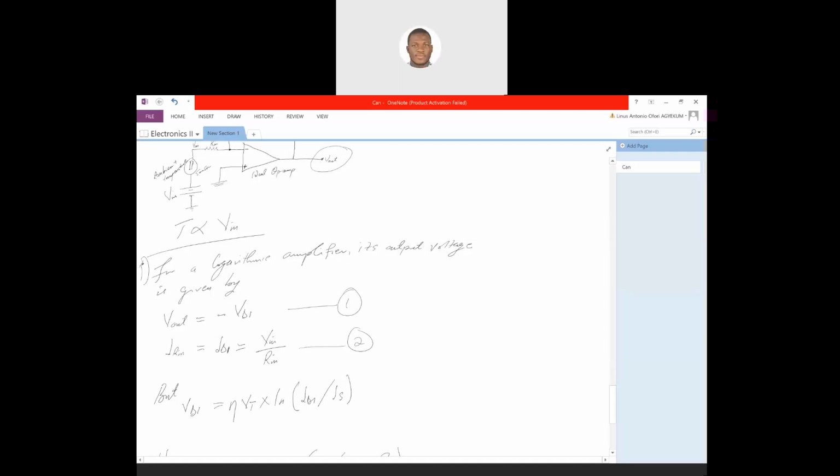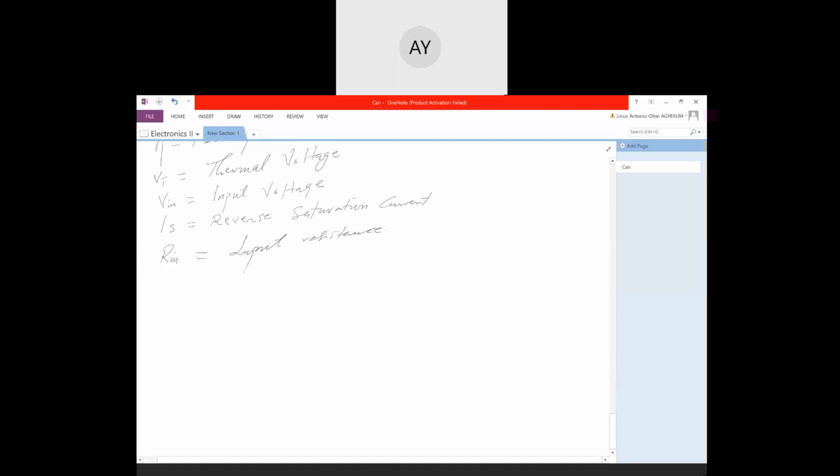Just take note of that. At your leisure, when you read about logarithmic amplifiers, you would appreciate this better. But for the purposes of the solution, this is all you need.